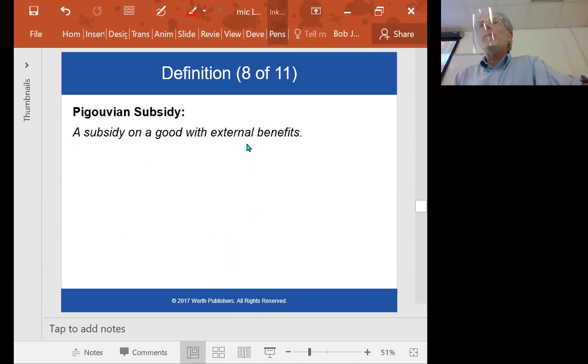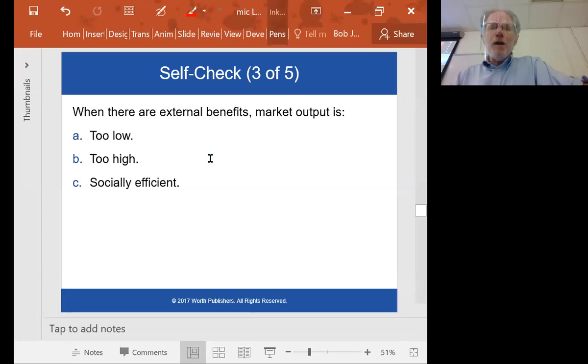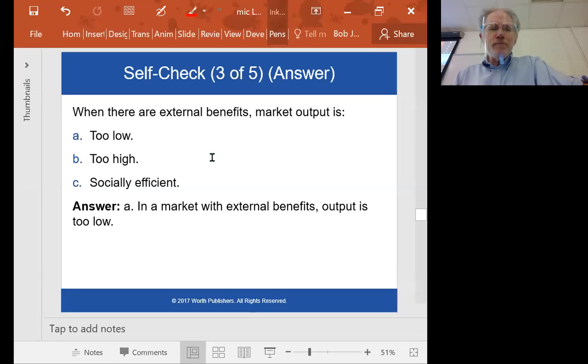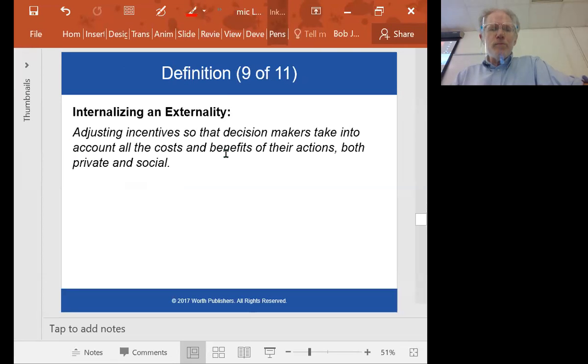That's Pigouvian taxes and subsidies, one way that the government can try to deal with externalities, but that's not the only way. Okay. When we talk about internalizing an externality, that simply means trying to do something to get the decision makers to take all of the costs and benefits into account.